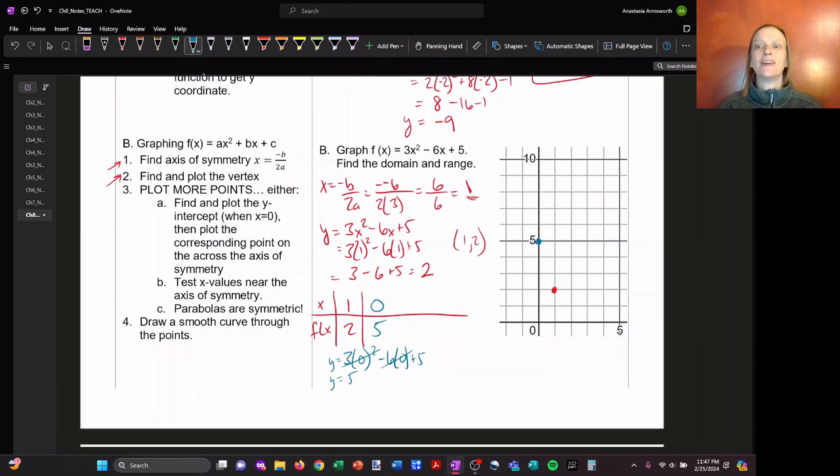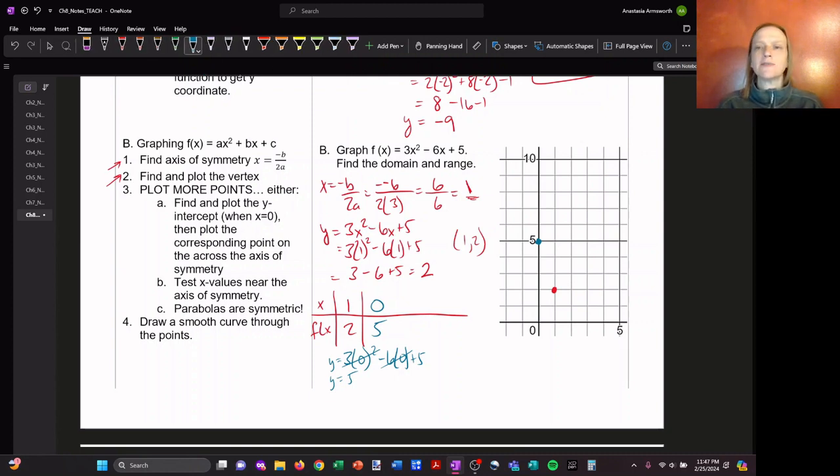Now, here's where the symmetric feature of a parabola really comes in handy. Every time you plot a number that isn't the vertex, so long as you know where that value is relative to the vertex, you automatically get a free bonus point that's on the other side of the axis of symmetry.